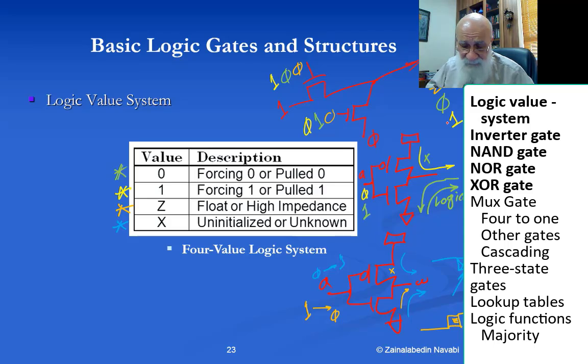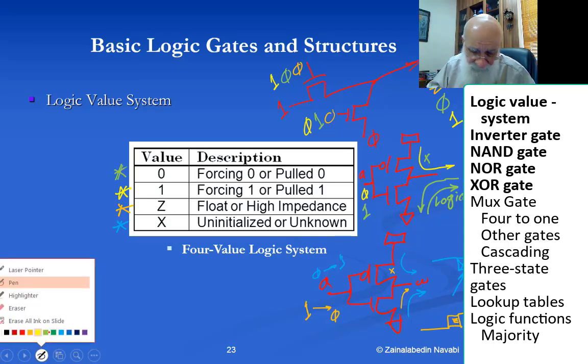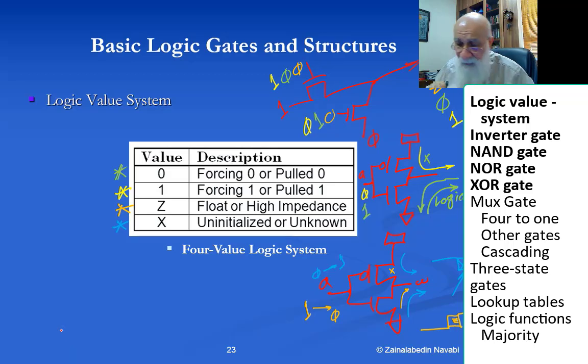And finally, let's say that I have this very unpleasant situation where this is a 1, this is a 1. The upper transistor pushes a 1 into the output. The lower transistor pushes a 0 into the output. How do I represent that?